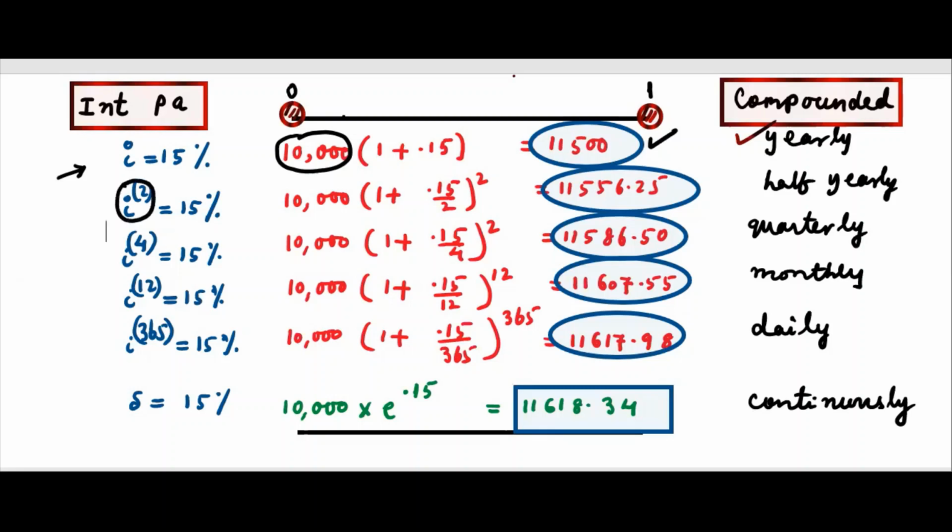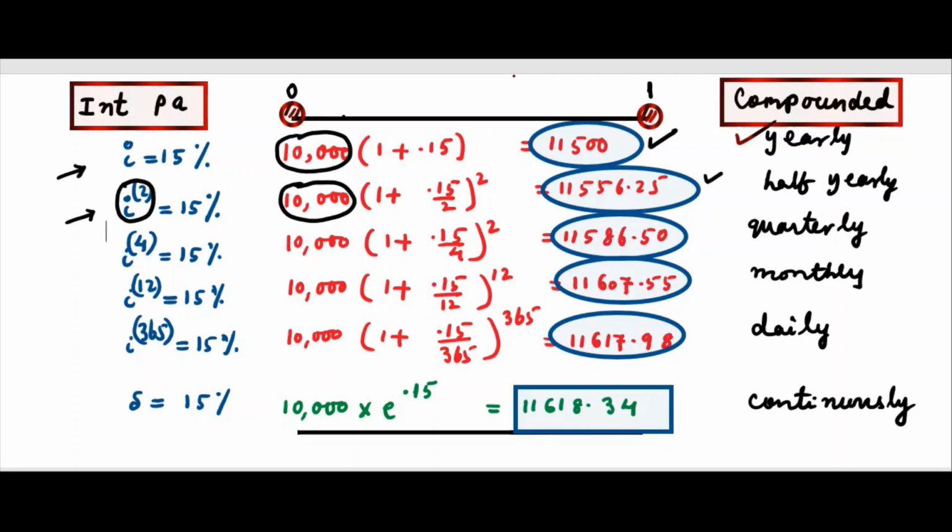However, if i2 is given as 15%, the rate of interest per annum convertible every half year, that means your money will be compounded twice, at 7.5% per half year. Your money will grow to 11,556.25.